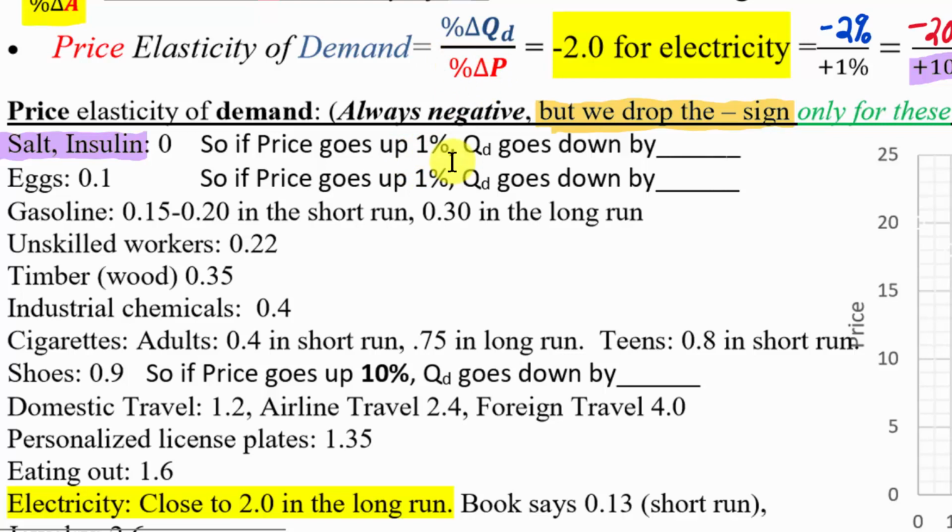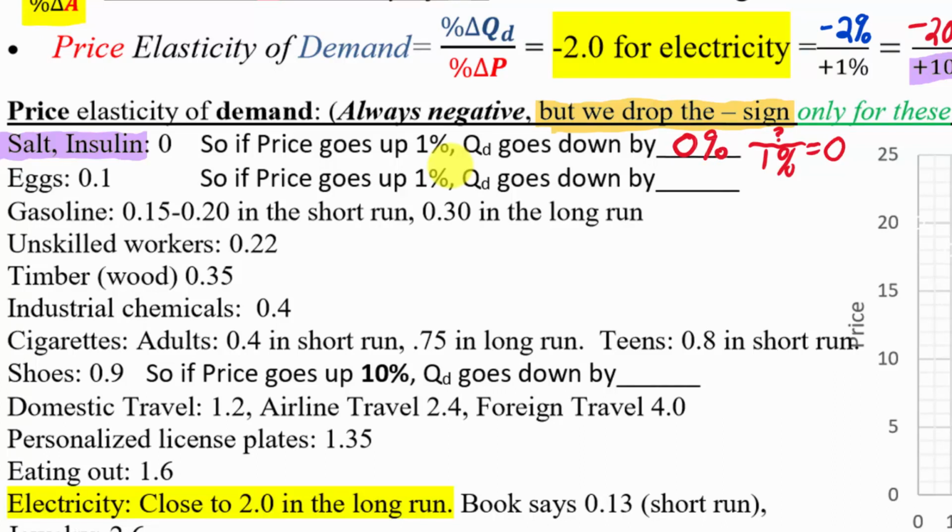What we want to do is take 1% and put it on the bottom of a fraction here and ask what percent change in the quantity would go on top to make that ratio equal zero. What divided by 1 equals 0? And the only answer is 0% goes on the top there.